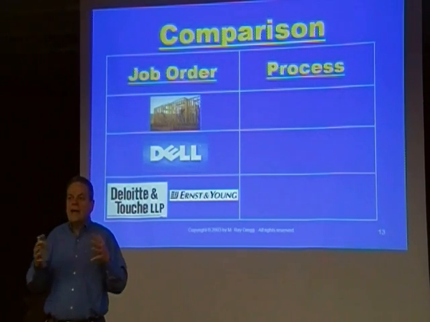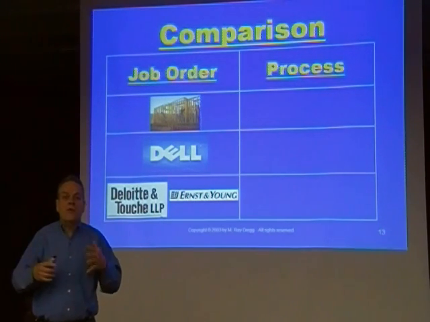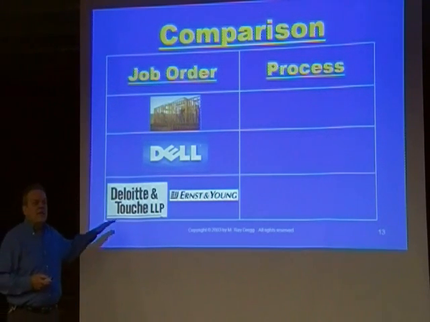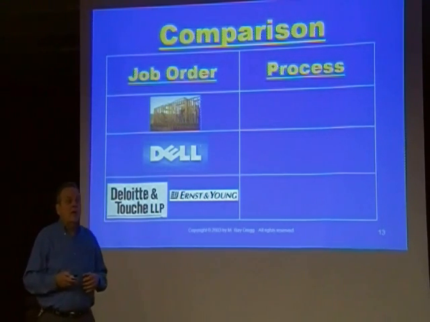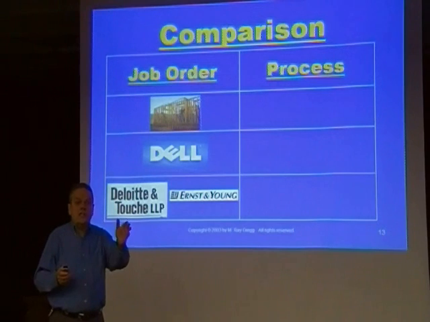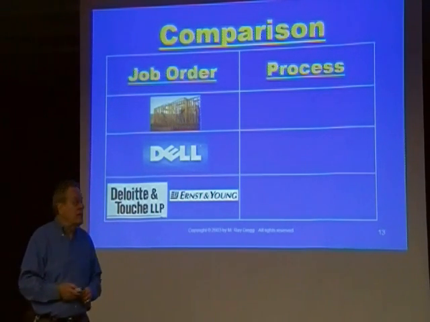And the same idea would be true. Whether it was an audit engagement or a tax return, it would be different for every client they served, and they would use something closer to job order where the jobs were different from one another. The costs were traceable to that particular job, the characteristics that we discovered last week.